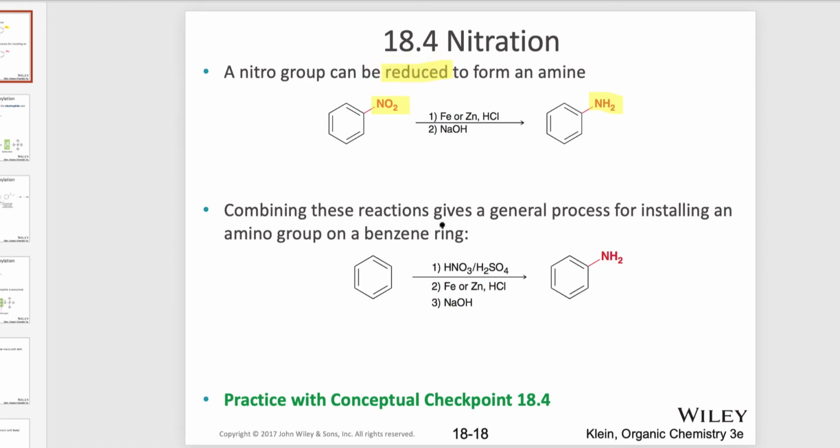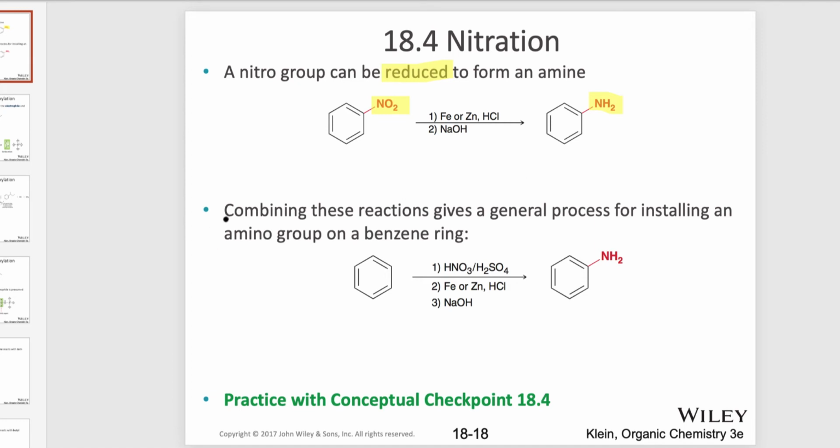And the typical reagents that we use are either iron or zinc in the presence of HCl, followed by a second step that is basic. I wouldn't be concerned with the mechanism here, but please recognize these reaction conditions for the functionalization.